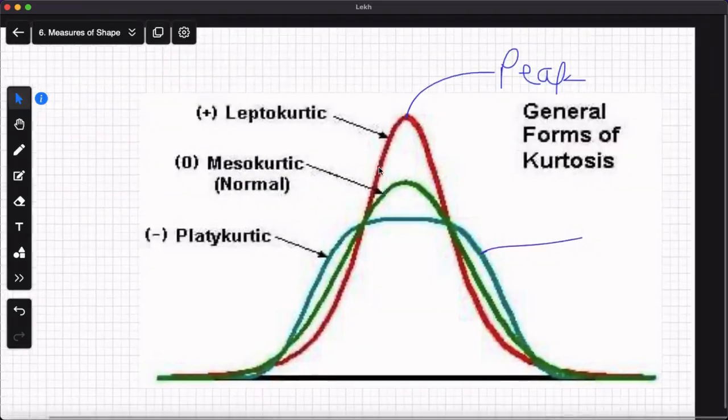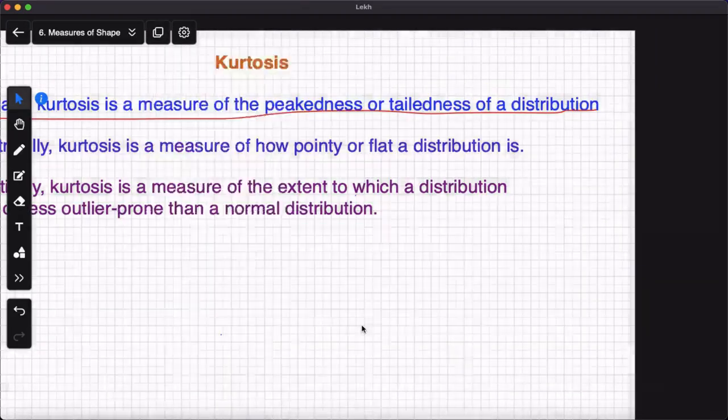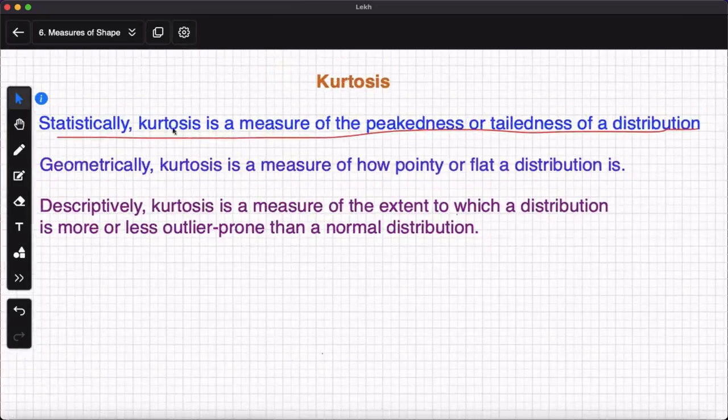Okay, so going by the first definition, we said kurtosis is a measure of the peakedness or tailedness of a distribution. So the peak and the tail.